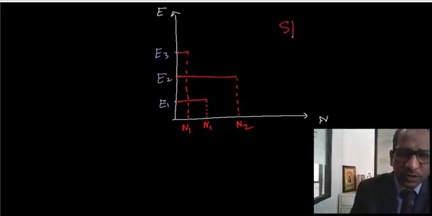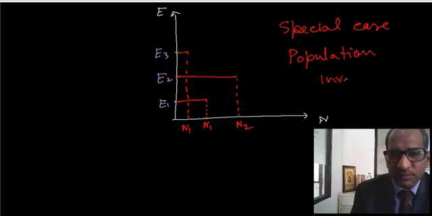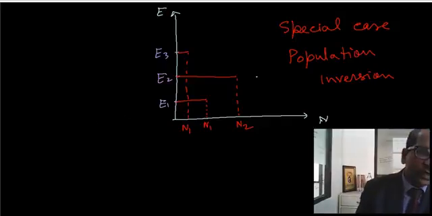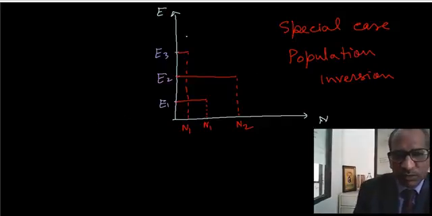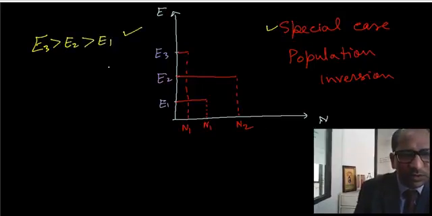So this is a special case, and you observe it when population inversion is achieved, right? And there is no exponential behavior right now because this is a special case. So here you can write E3 is greater than E2 greater than E1. There is no doubt, this is clear.